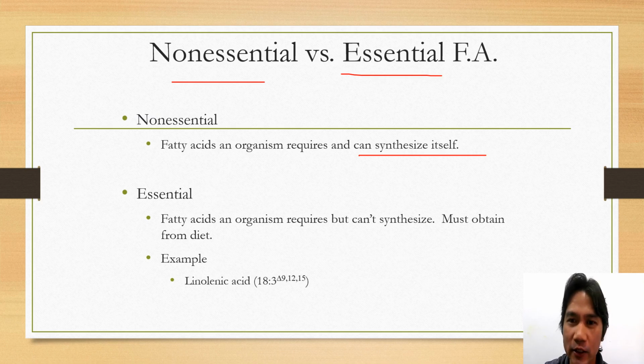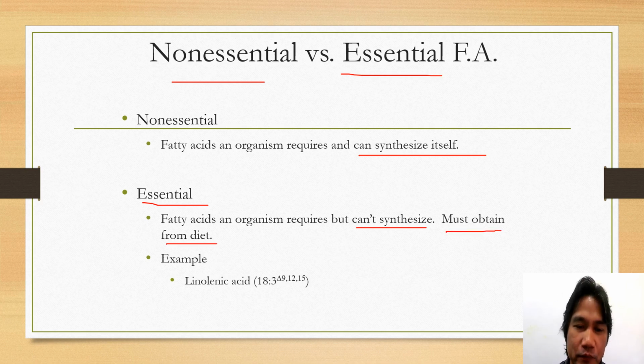We can also make it. That's why it's called non-essential. When we say essential fatty acids, an organism requires but cannot synthesize those fatty acids. That's why we must obtain them from the diet.